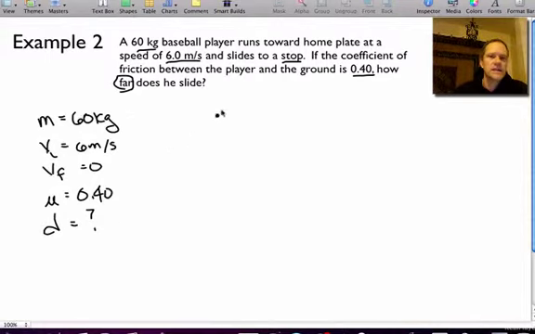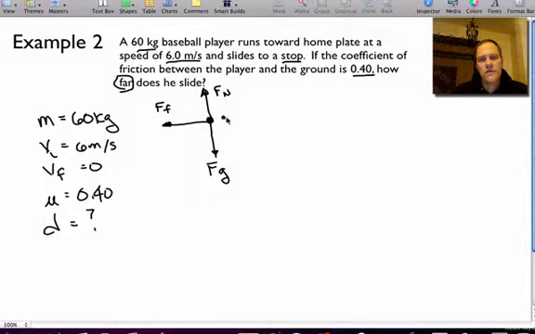This one looks like it's kind of tricky, but if we draw this out, maybe it'll help. So here's my baseball player as just a dot. If we do a free body diagram, he has weight, he has a normal force, right? The ground pushing back up on him, and he comes to a stop because something must stop him, and that something is friction.